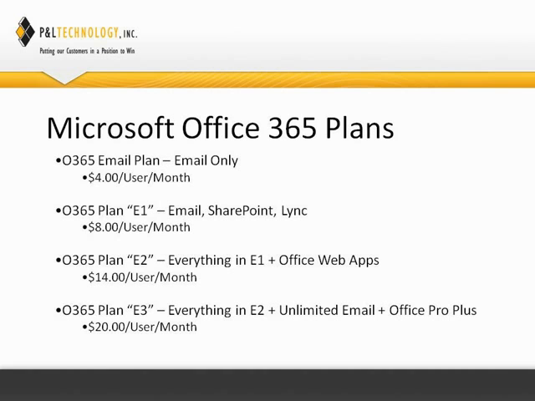So where we recommend this very frequently is for very high volume email users, because it does remove that 25 gigabyte email limit that's inherent in all the other plans. So this is great for executives or salespeople or anybody that really has a need to keep a ton of email, or really one of those people that never wants to delete an email or always have an audit trail of every communication they've made.